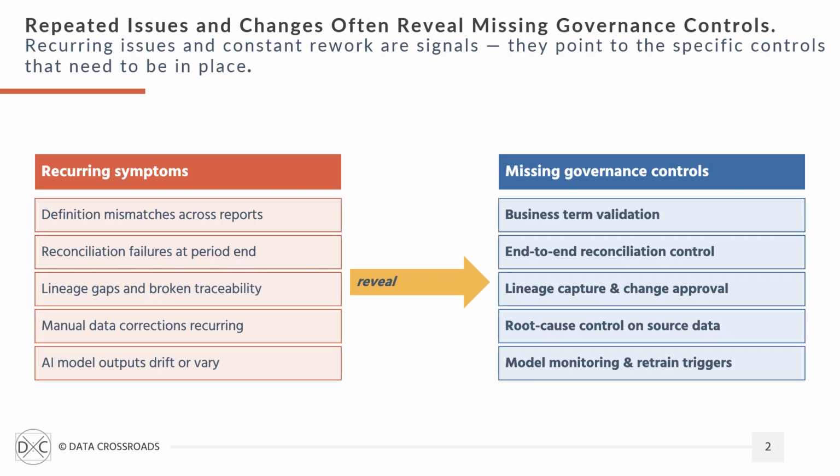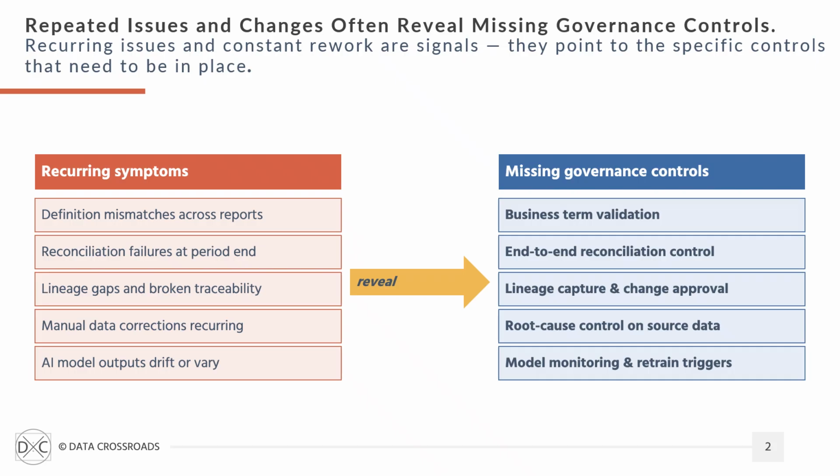This is usually the moment when the perspective starts changing. The real question slowly becomes different. Not how do we fix this one more time, but why does the environment continue allowing the same instability to return? And this is where governance controls start becoming extremely important.